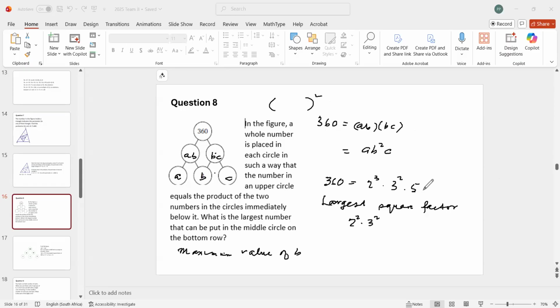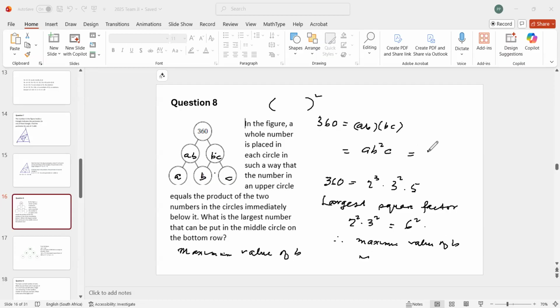Right? Can't take out a square factor from this. So 2 squared, that's the largest you can go up to with an even power. And that is 6 squared. Right? So the largest value for B, so this is your B squared, you see.